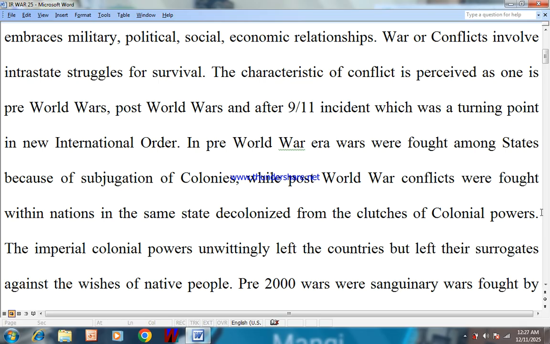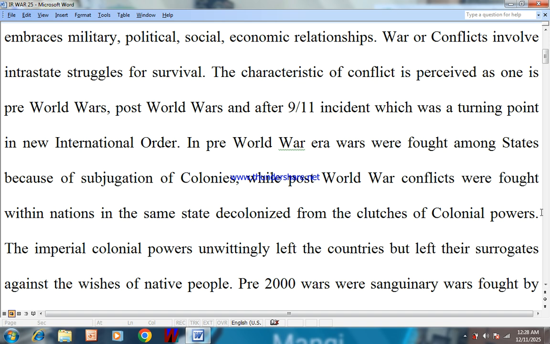In the same era, states decolonized from the clutches of colonial powers. The imperial colonial powers left the countries, but left their surrogates against the wishes of native people.